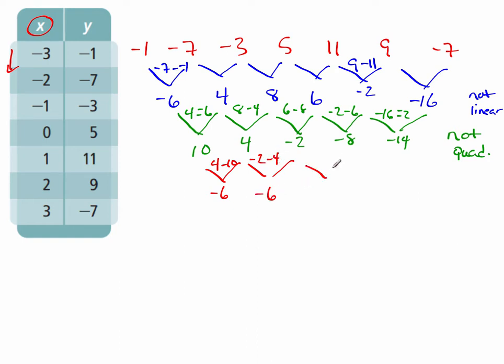Oh, this one's looking good. -8 minus -2 is -6. -14 minus -8 is -6. So here, my third difference, I have the same number. So the third differences are a constant.